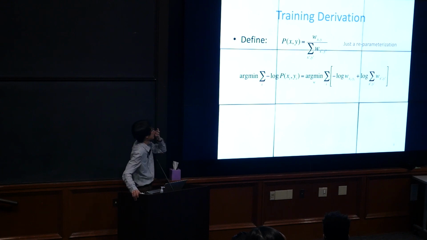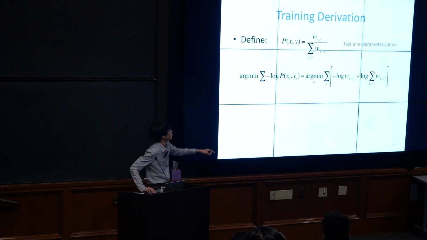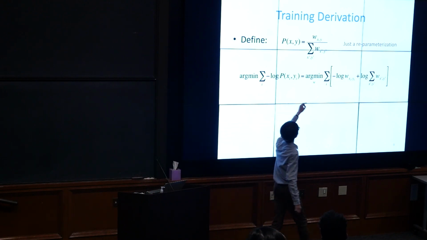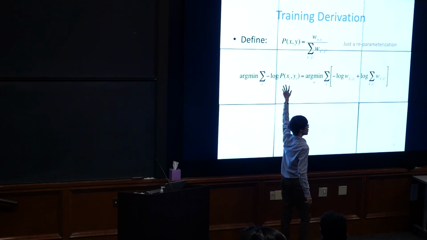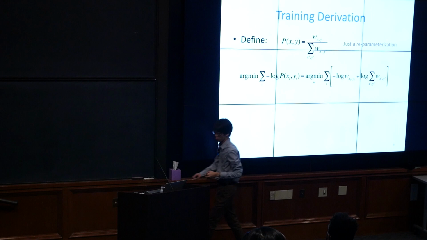And then if we replace that into the minimum log likelihood formulation we had at the bottom here, we end up with this. We're just replacing P with whatever we came up with here, and then splitting it out into those two terms.